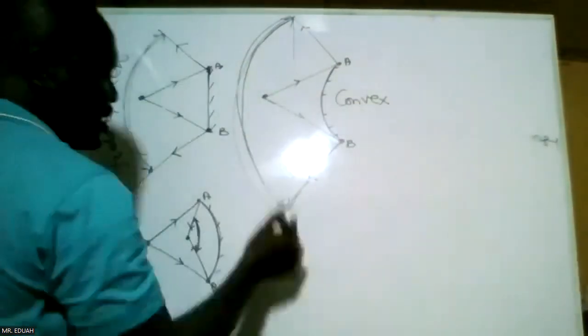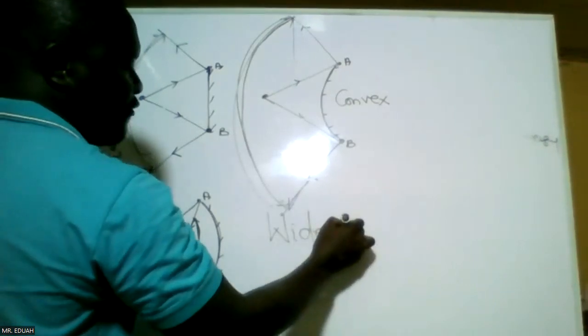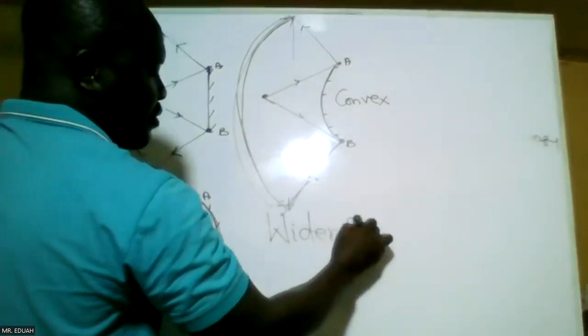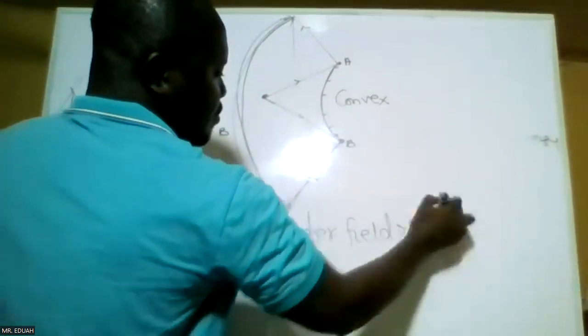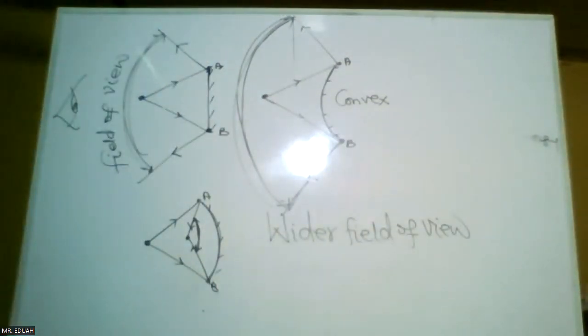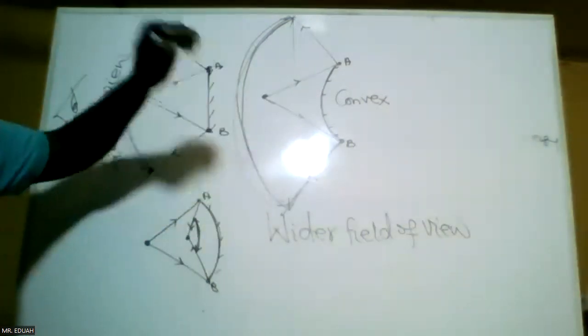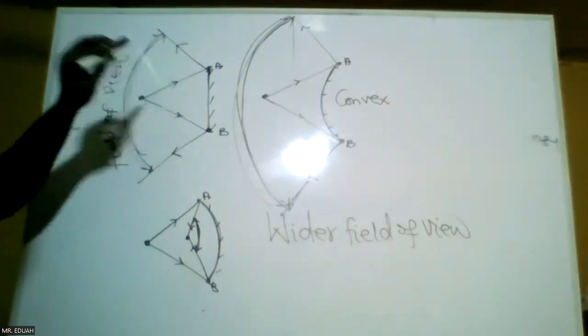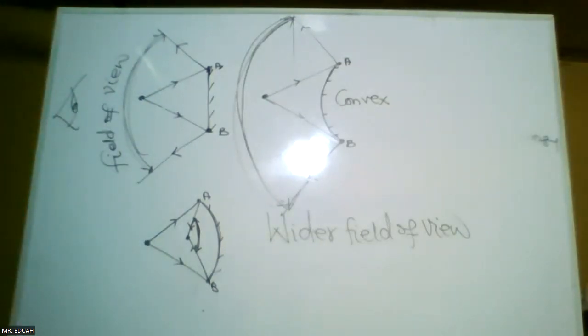So this would always give you a wider or larger field of view. A major advantage over plane mirror and concave mirrors. Convex mirror has a wider field of view.